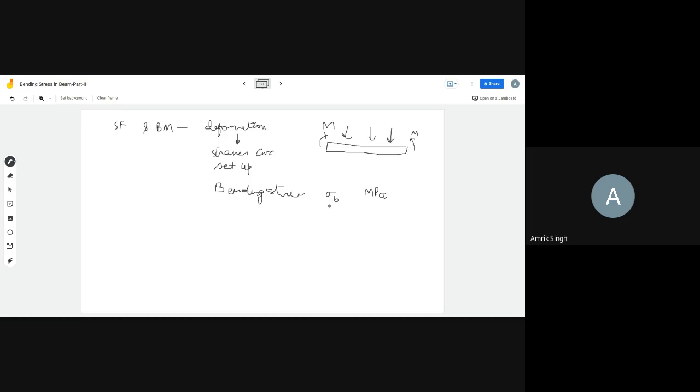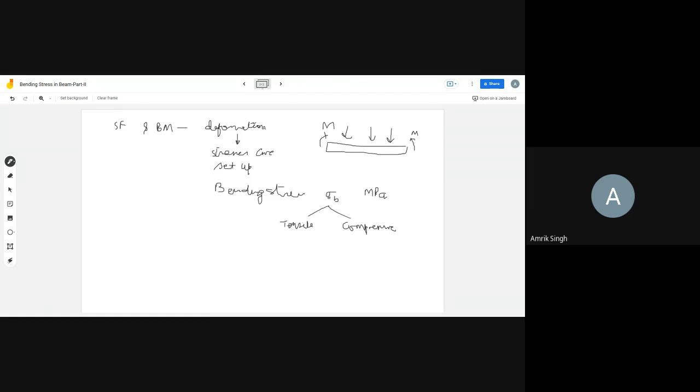They can be either tensile or they'll be compressive.